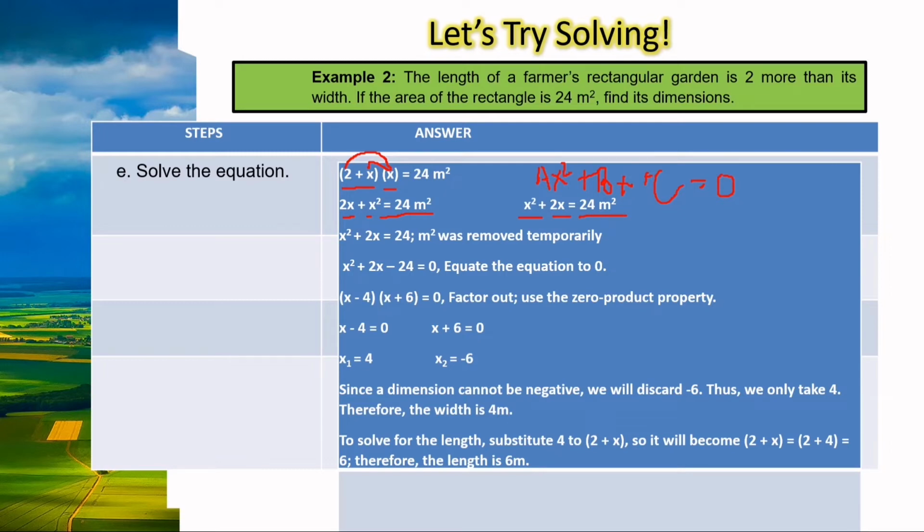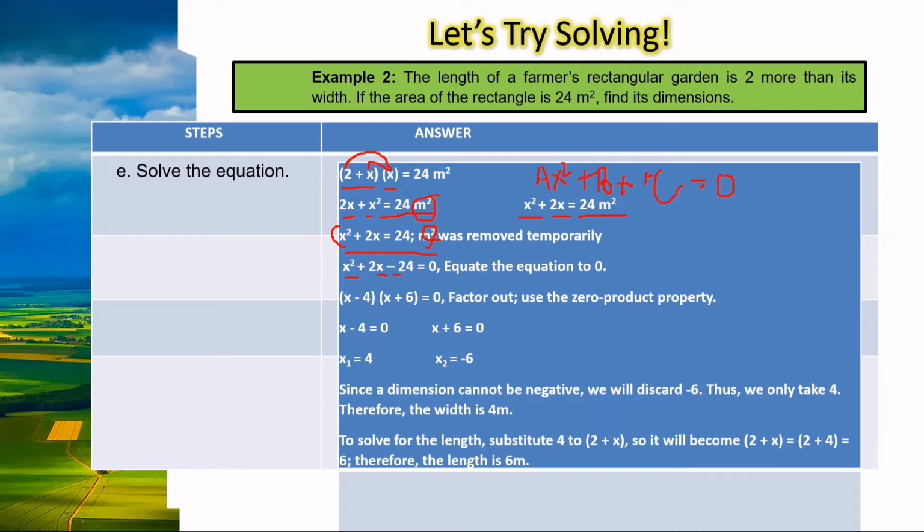If you will observe, the next step is to remove first the square meters. It's because it might confuse you of the unknown. You only have one variable to solve for, and m here is the unit of measurement. That's why it is temporarily removed. So to write the equation into its standard form, you have x squared plus 2x minus 24.